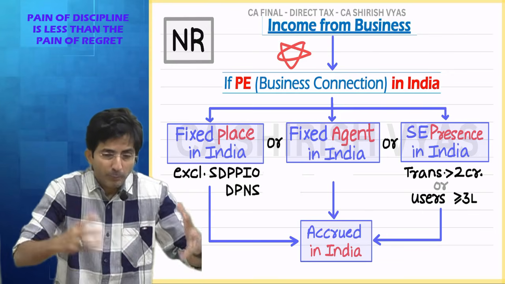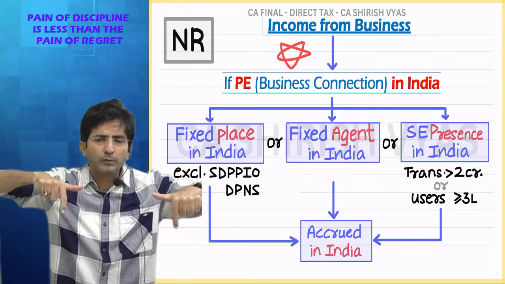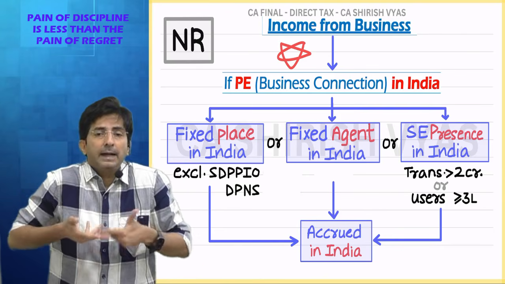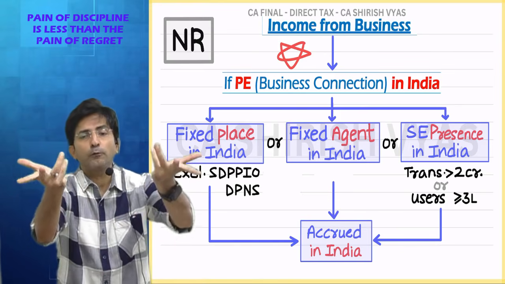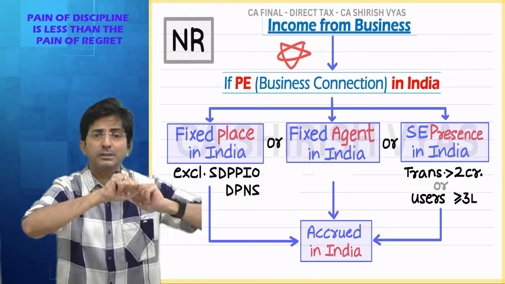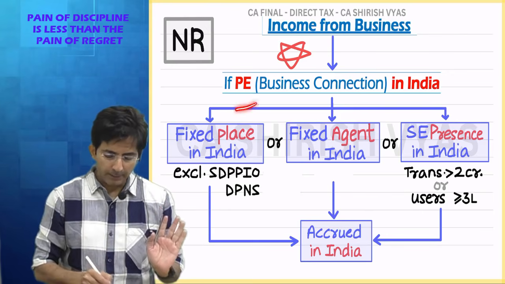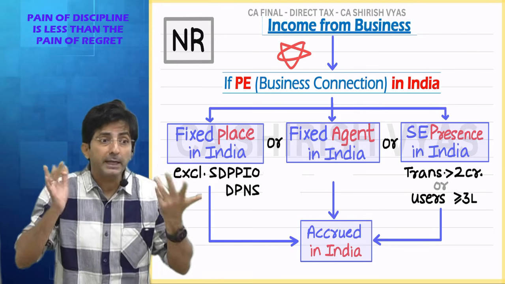I am trying to make you feel there is a contradiction and conflict in the provisions of Section 9, which is from our Bare Act, and DTAA, which is just an agreement between the countries. So which is to be followed in real life? Whichever is beneficial. And trust my experience, in the matter of PE, DTAA is always beneficial because it provides so many exemptions.